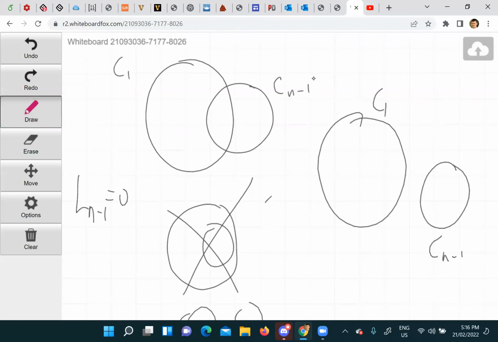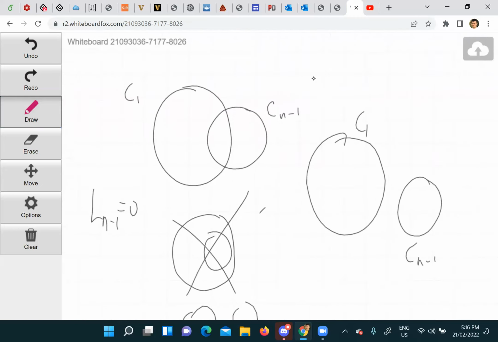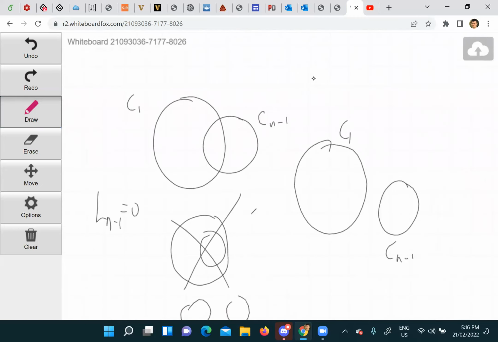How do we place the circle Cn? It has to go through the center of this circle. I guess there's another case where the center is inside, so it could be like this, and the center's here. The smallest Pn can ever be is 0.